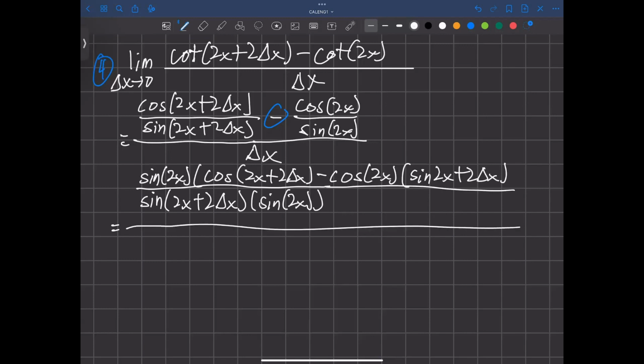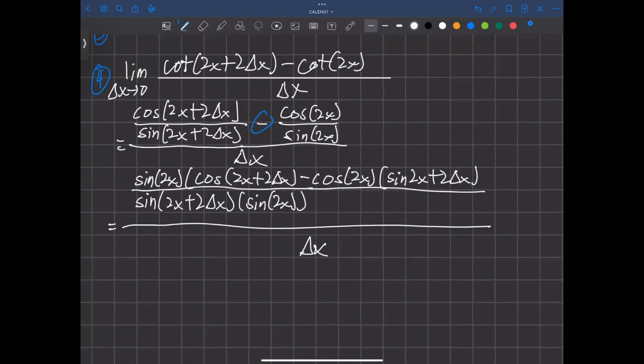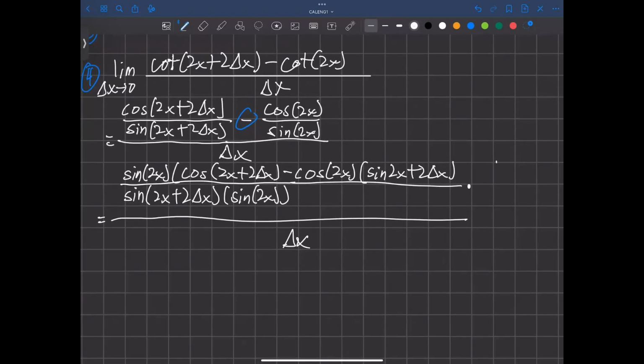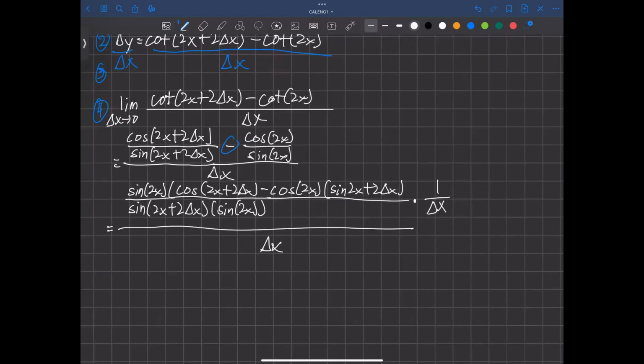And this is all over delta x. Now to divide by delta x, we just multiply the fraction above by its reciprocal, which is 1 over delta x.